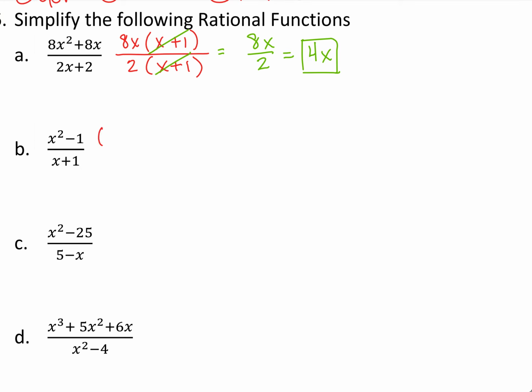I have to remember that it is x minus 1, x plus 1. My denominator does not reduce any further, so it's just going to be x plus 1. Once I have done that, I can cancel out those x plus 1s, and I am left with x minus 1 as my answer.